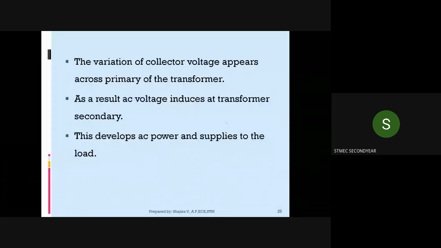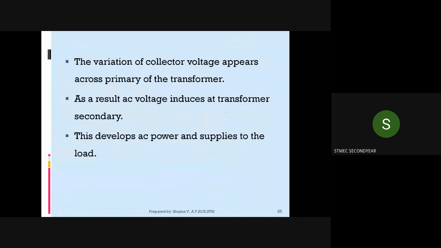That means AC power is developed, which is supplied to the load. That is how the DC power from the supply is absorbed and transferred to the load, given to our input AC signal. That is how we get a very high signal at the output terminal.